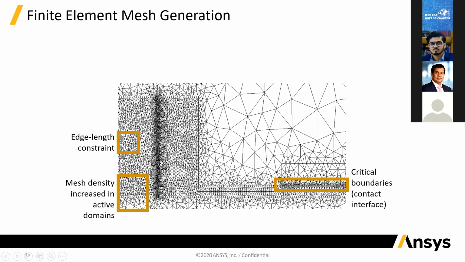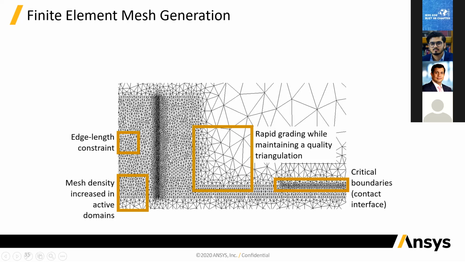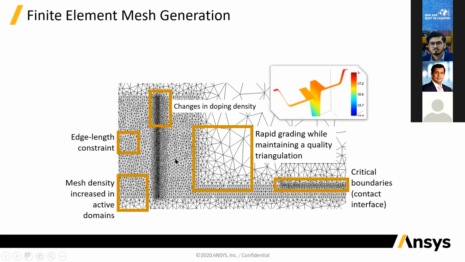As you have a finer mesh in some region and coarser mesh in another region, the mesh will automatically switch from finer to coarser very quickly. This allows you to have an overall smaller number of grid points, but still have a fine mesh in regions where you need it. And this one is the higher refinement in the mesh due to changes in doping density.